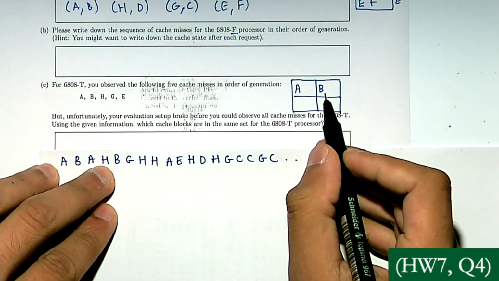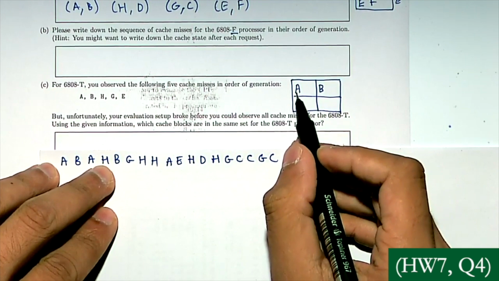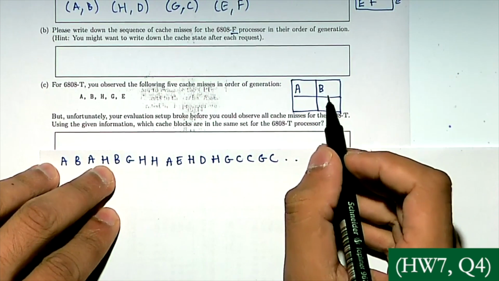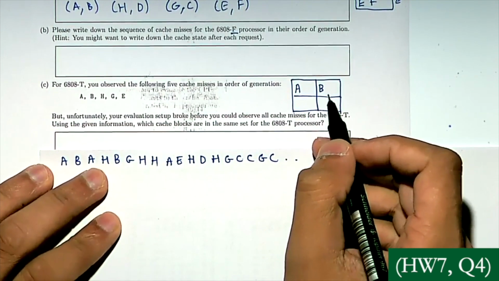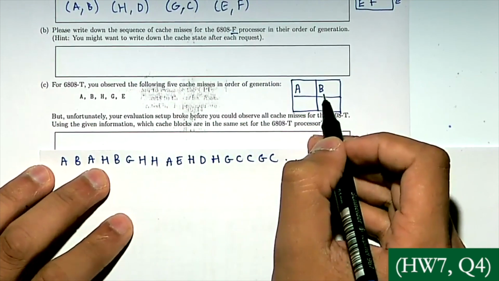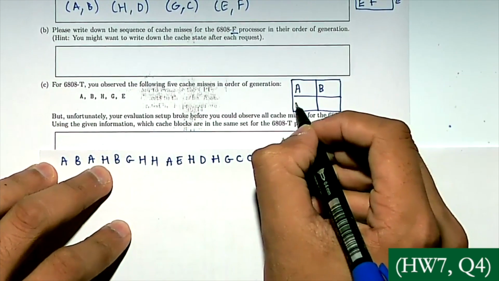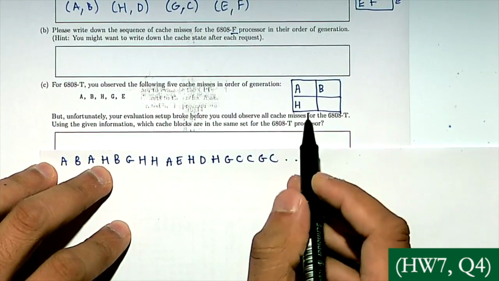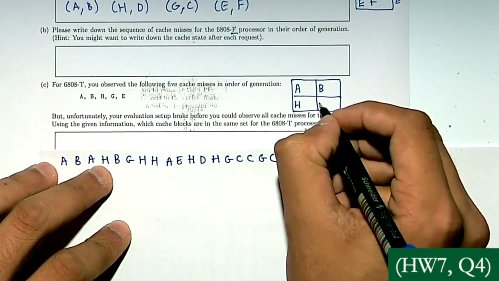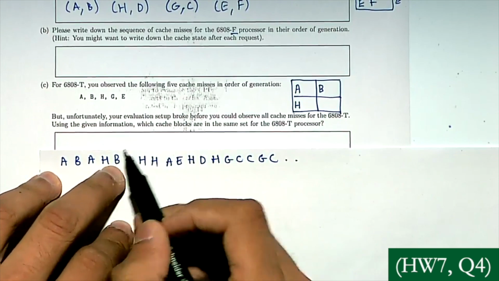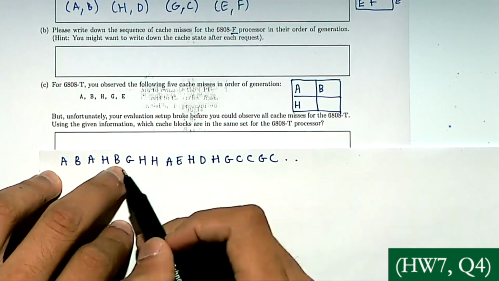B is the LRU here, and so B would have been evicted by H if it mapped to the same set. But B did not generate an additional miss there. That tells us that H maps over here, and by default, we also get that D maps over here. So that misses H. Then B is a hit because it's still in the cache.